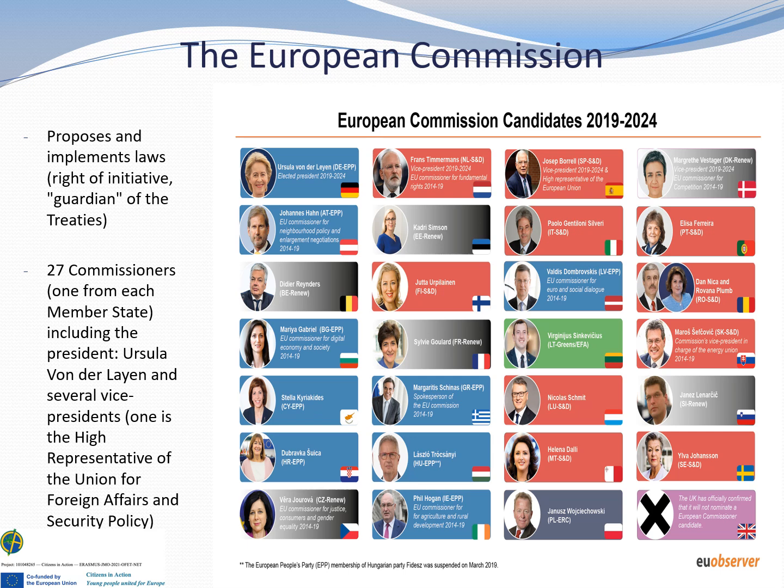The current president is Ursula von der Leyen, and then we have also several vice presidents. One is the High Representative of the Union for Foreign Affairs and Security Policy. The 27 commissioners have to think about what would be best for the European Union as a whole. They propose laws and make sure that the EU treaties are respected.